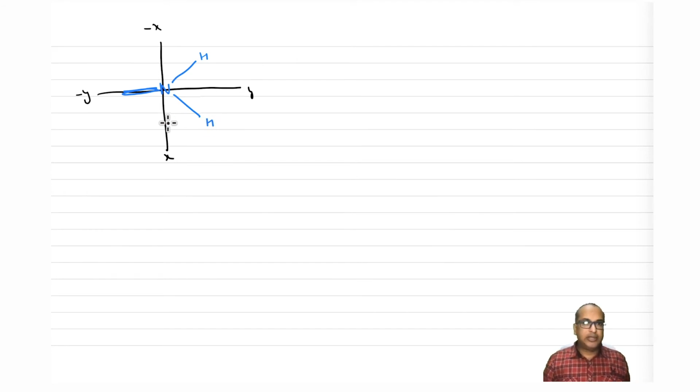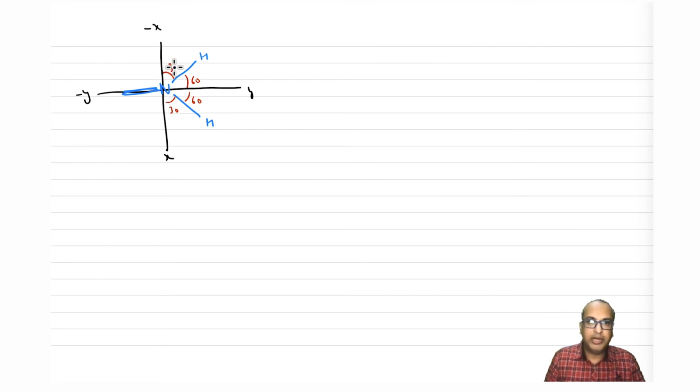Now let us mention all the angles. This complete angle is going to be 120. So this will be 60 degrees. This will be 60 degrees, right? And this complete will be 120. So this will be 30 degrees.